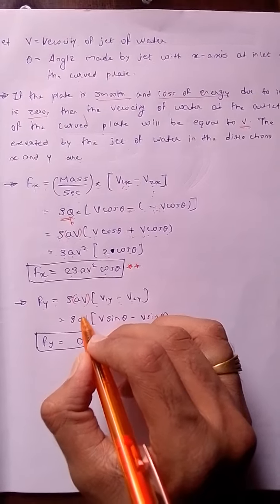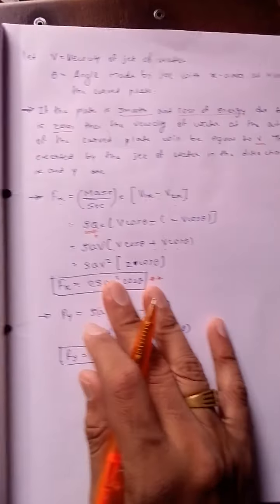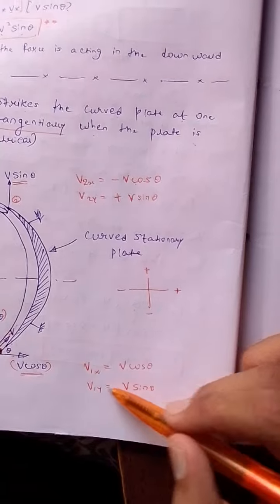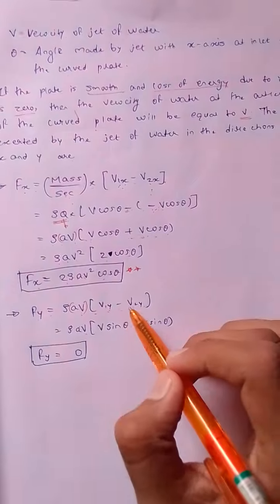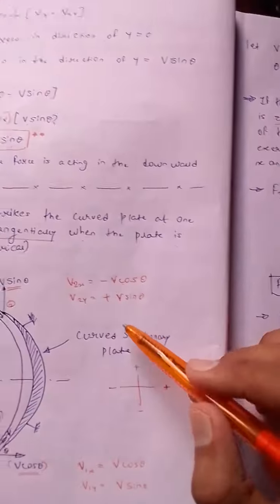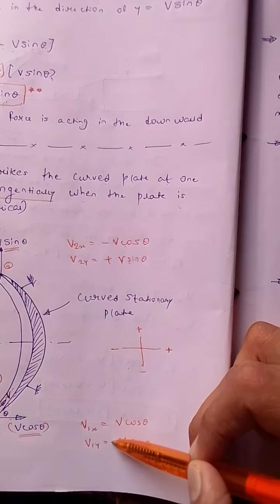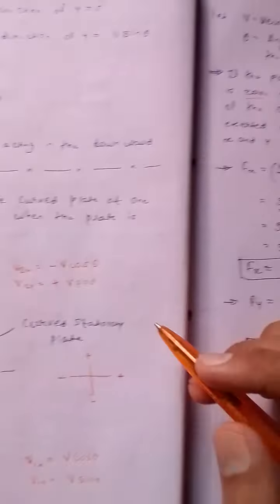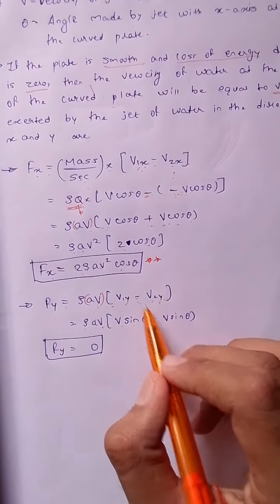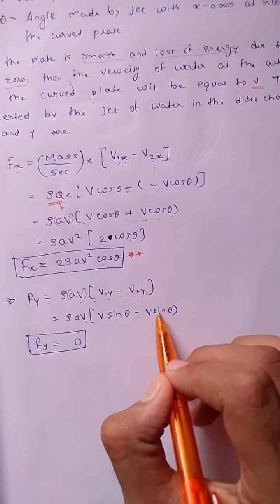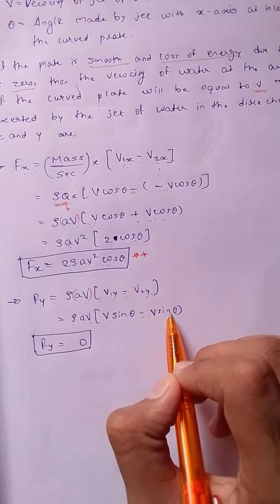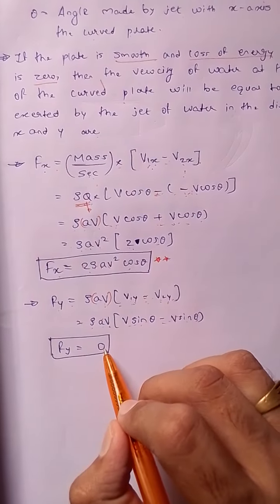So rho into A into V, with v1y being v sin theta and v2y being v sin theta. Both have a plus sign. So it will be rho into A into V sin theta, minus sign from the formula, V sin theta. V sin theta minus V sin theta is equal to 0.